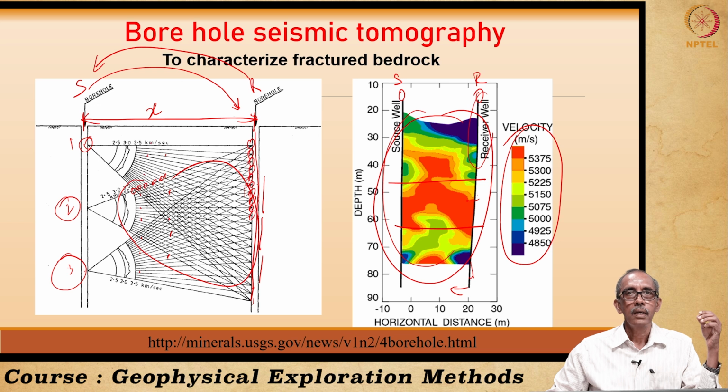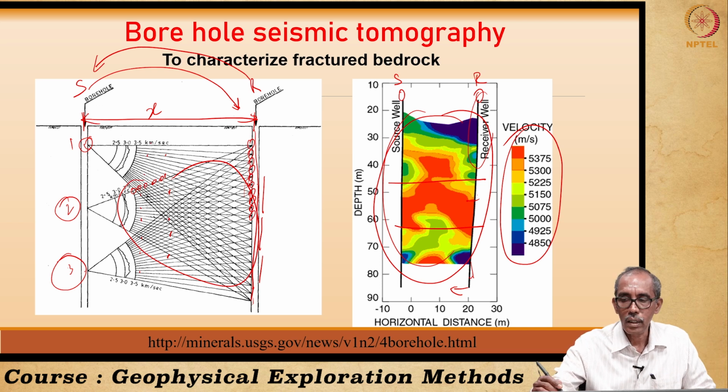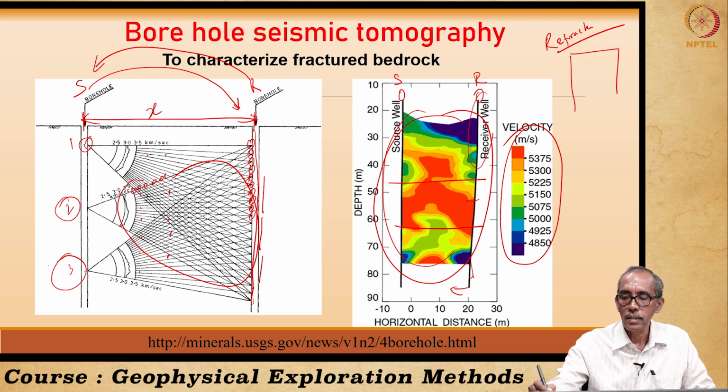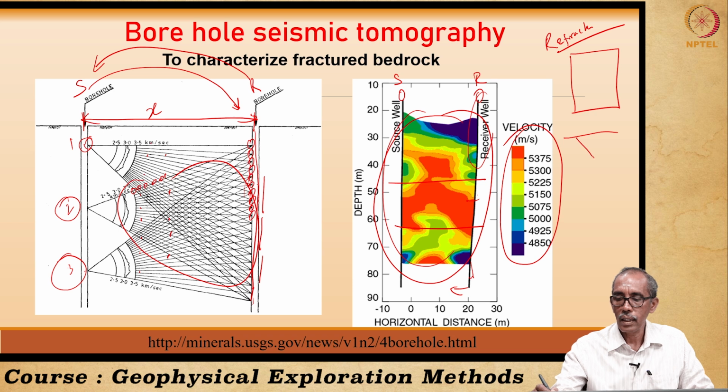From the beginning, if I want to give you a recap, we started looking into seismic refraction method. First, we had looked into the seismic wave geometry, how the seismic waves are getting refracted back as head waves.